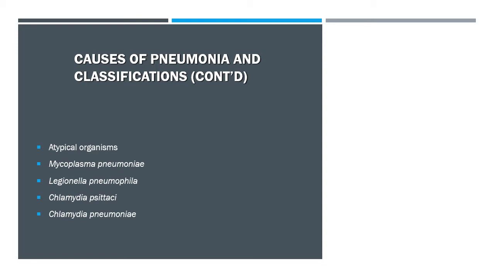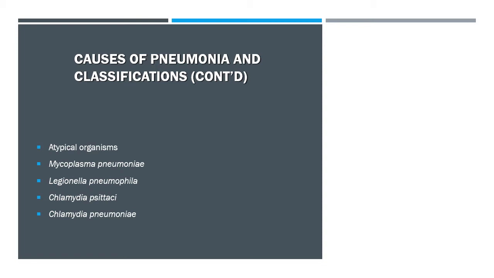The clinical presentation of a patient with community-acquired atypical pneumonia is often subacute. It's not as bad as one you'll see in the emergency room. Common causes of a community-acquired atypical pneumonia are tiny cell wall deficient organisms like Mycoplasma pneumoniae.